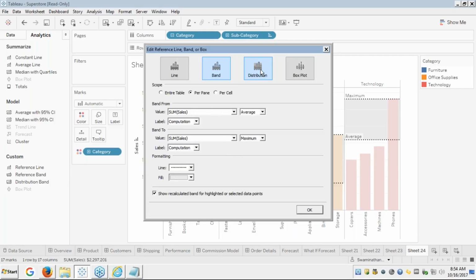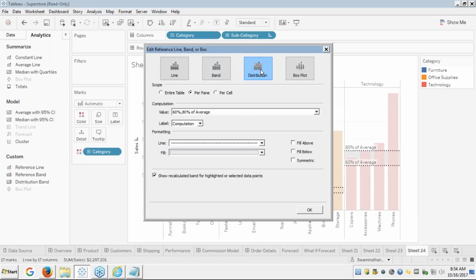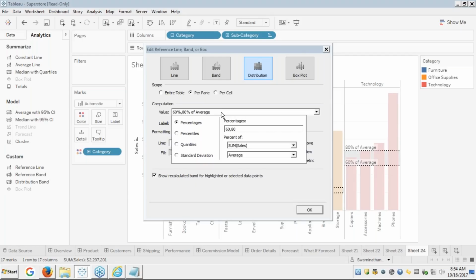There is also something called distribution here. Distribution is very similar to a reference band, but here you can choose the distribution. You would like to select the items. Here we have percentages, percentiles, quantiles, standard deviation. Percentages are represented on a base of 100%.